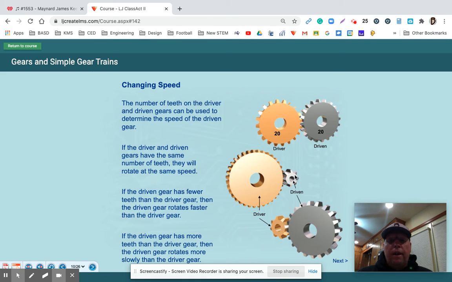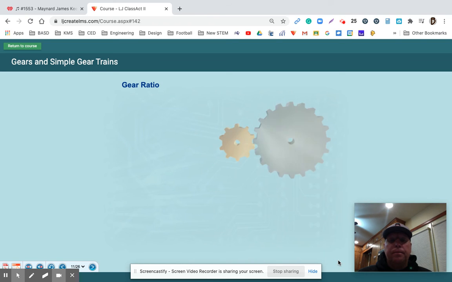So faster here because of fewer teeth, slower here because of more teeth. Okay, so again, it's really determined by your driver gear, on the speed of your gears working together.